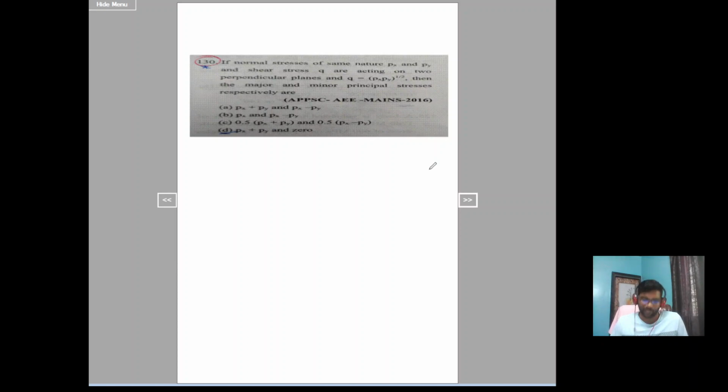Sigma x is px, sigma y is py, and tau xy is q. He has mentioned the relationship that q square is equal to px into py.